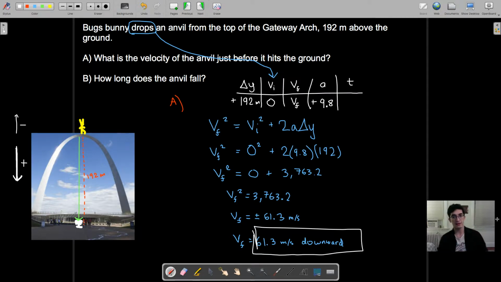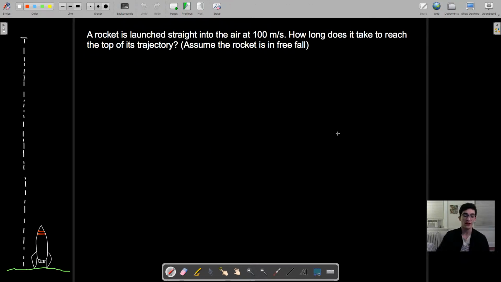And I'm going to have you guys do this one a bit more on your own, and then we'll see how we do, okay? All right, so for this problem, a rocket is launched straight into the air at 100 meters per second. How long does it take to reach the top of its trajectory? Okay, so if this rocket is launched in free fall, assume this rocket is in free fall, right?